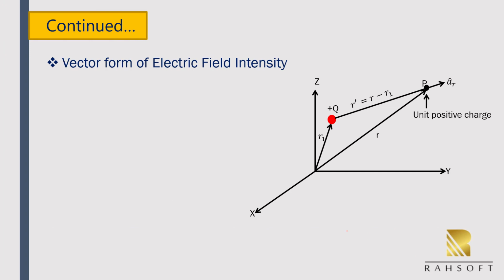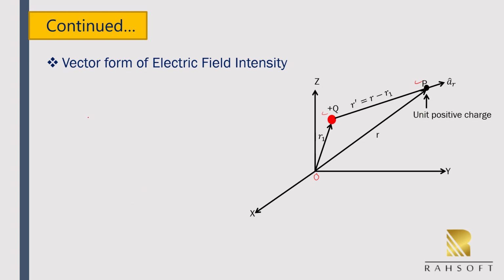Now you can see here the vector form of electric field intensity. Consider a Cartesian coordinate system in which the charge q, you can see here, is located at distance r1 from the origin. Let us find the electric field intensity at point P, which is at distance r from the origin.